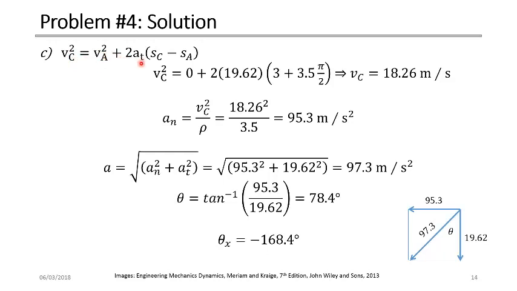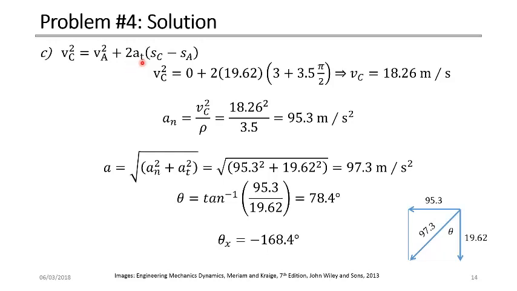The tangential acceleration here is constant because it just moves under a constant force, which is the weight. So we don't have any changing forces here. That's why the tangential acceleration is going to be constant.